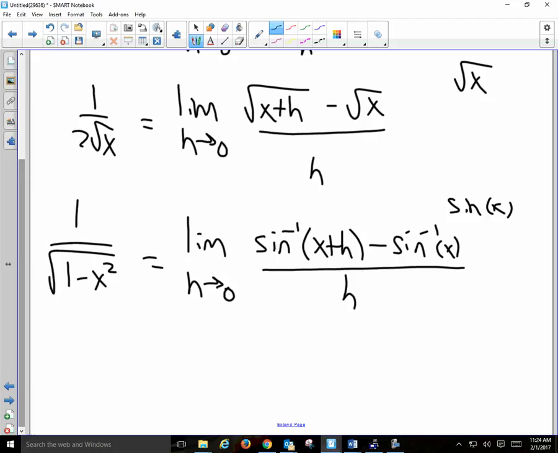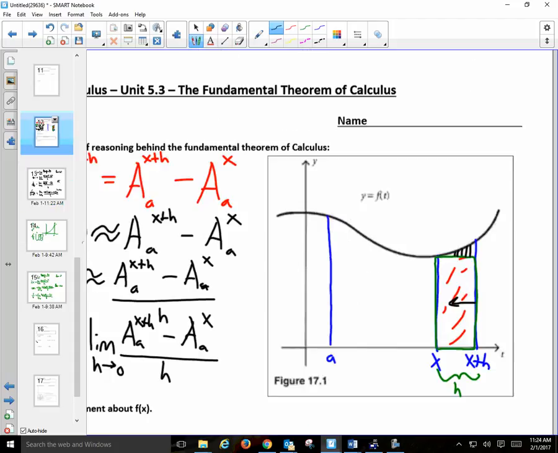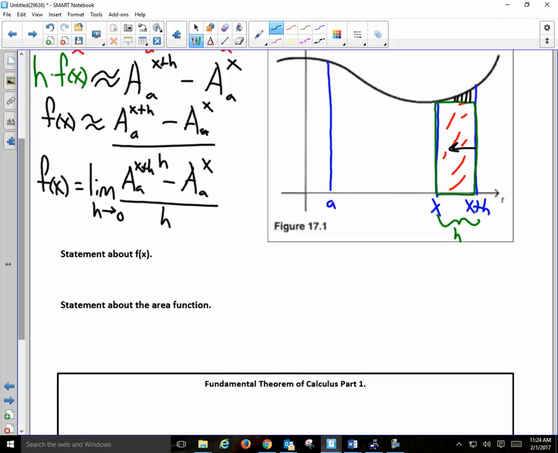So what does that mean? The derivative of the function, the derivative of this is right here, right? Connect that with this, and you'll see it. The derivative of this is this. The derivative of the area function is the function.